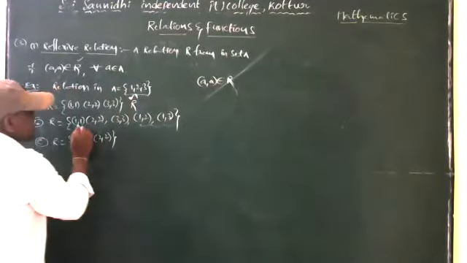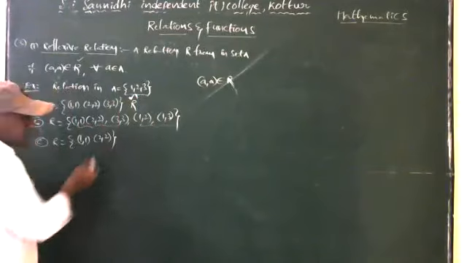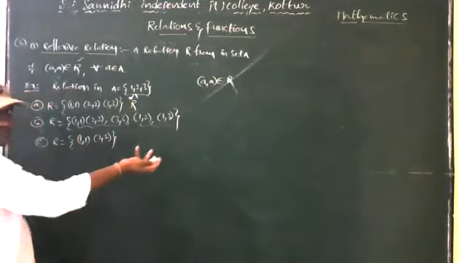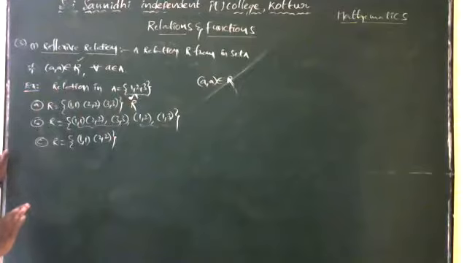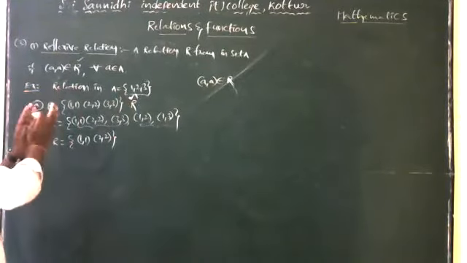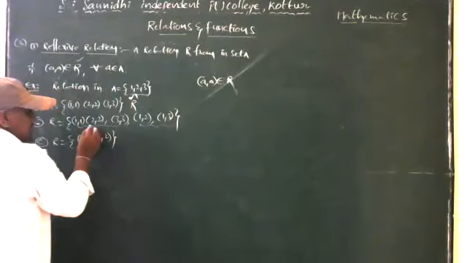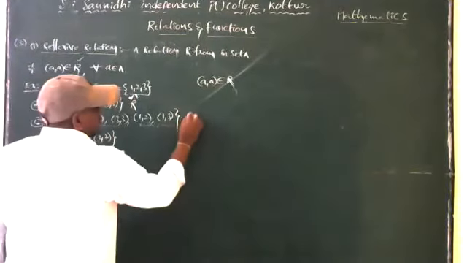So these conditions are mandatory, compulsory. The remaining are optional for reflexive. Now we are discussing reflexive relation. Clear? So this is also a reflexive relation.